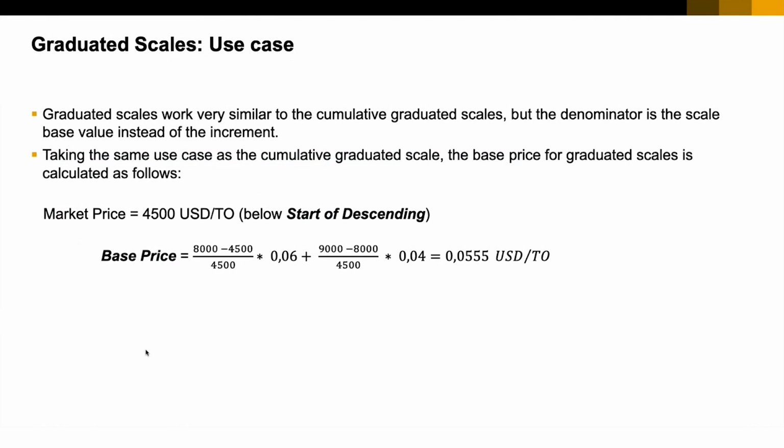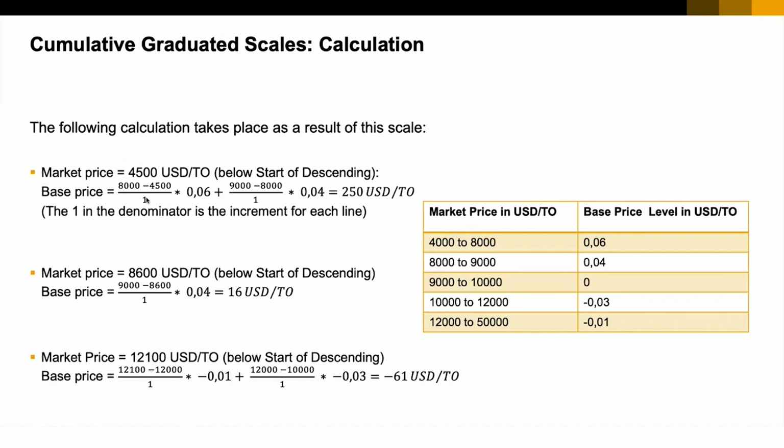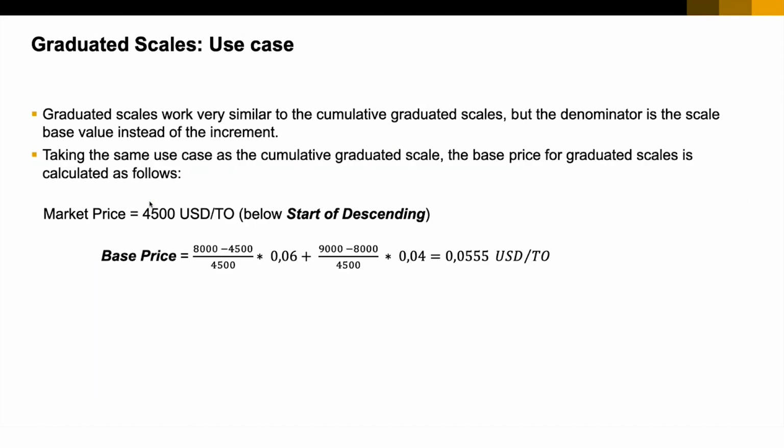Similarly, there is just graduated scale, which works very similarly, but the denominator here is the scale base value itself. In what we saw before, the base value was the increment, right? But here, instead of the increment, it will use the base value. So if the market price was 4,500, that's what it will use here, and it will calculate at different values.